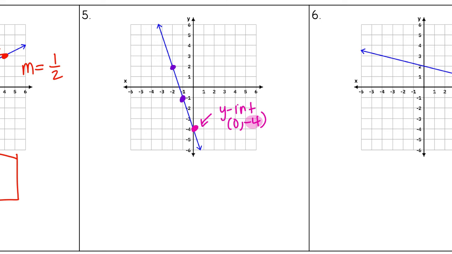And if I keep going, I can find a few more. Any point that you choose is going to give you the same slope. I'm going to do these top 2 up here. It looks like we have to go down 1, 2, 3. Since we're going down, it's going to be -3. And then we go across just 1. So slope, I'm going to write it here, would be -3 over 1. But you don't have to write it like that; you could just write the -3. So now our actual equation is y equals, we start with our slope, so -3x, and then -4 because of our y-intercept.